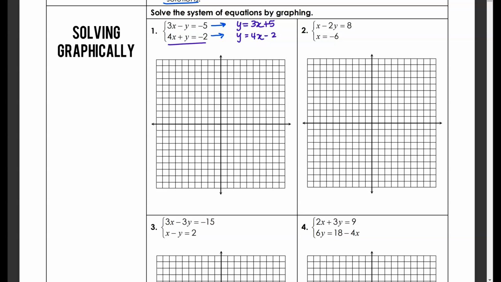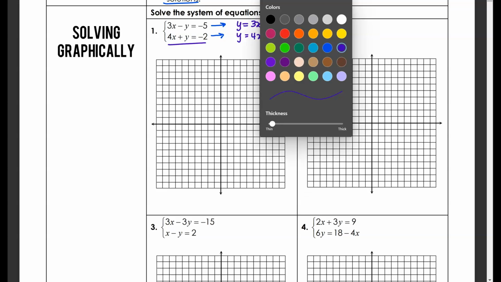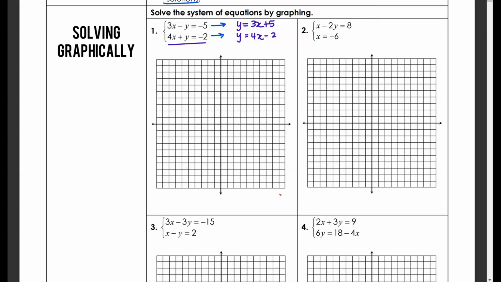I'm going to start off with the first one. I'll graph them in 2 different colors. Let's start off with red. Start off at plus 5, so 1, 2, 3, 4, 5. I call this the y-axis, here's my x-axis, and then from here we're going to go up 3 over 1, and we're going to go down 3, 1, 2, 3 over 1.